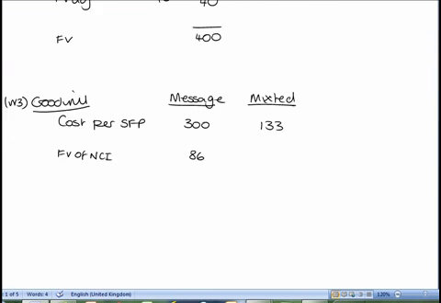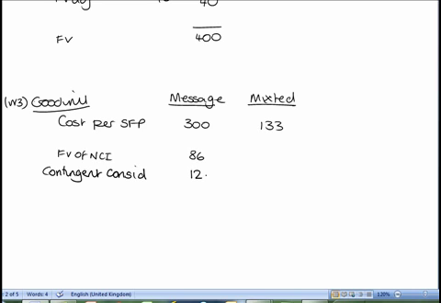So we go to the goodwill calculation, contingent consideration, and what's it going to be? The fair value of this arrangement was measured at 12 million.